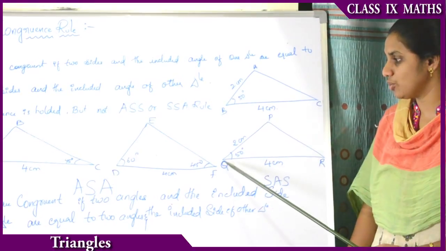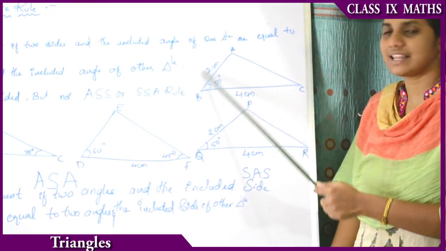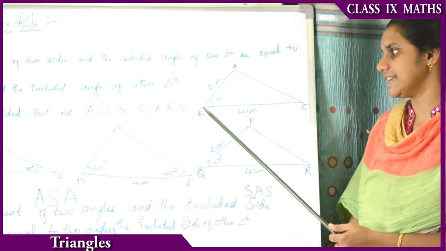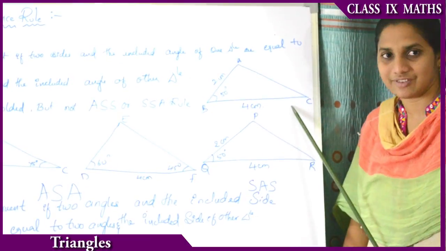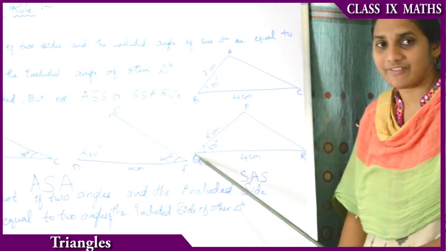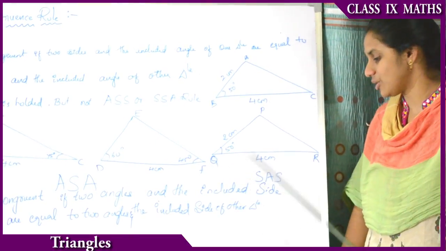That means QP is 2 centimeters, similar to the side AB of the first triangle, and the second side BC of the first triangle is 4 centimeters, and the second triangle also has the same size of 4 centimeters as the second side, that is QR.